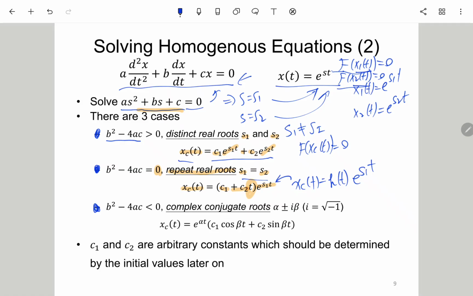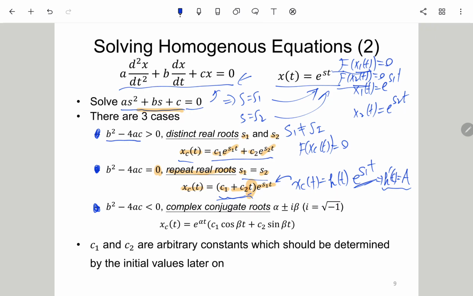Then you will finally find that you will be able to solve that h prime of t will be like a constant, let's say a. So in that case, h(t) will be a linear function, and of course this general linear function also already includes the original function. So this will be the homogeneous solution for the second case, if b squared minus 4ac is equal to 0.